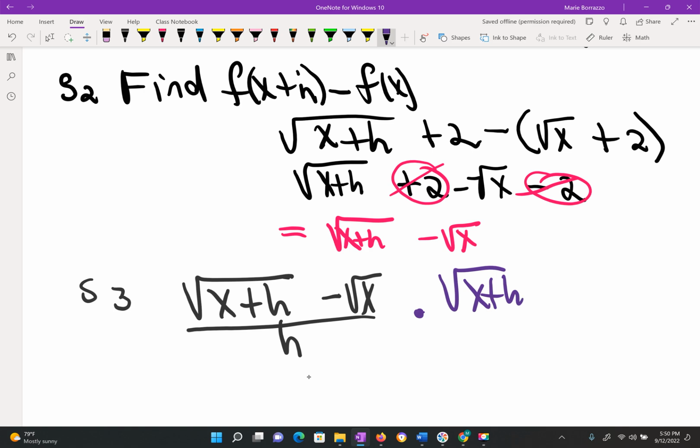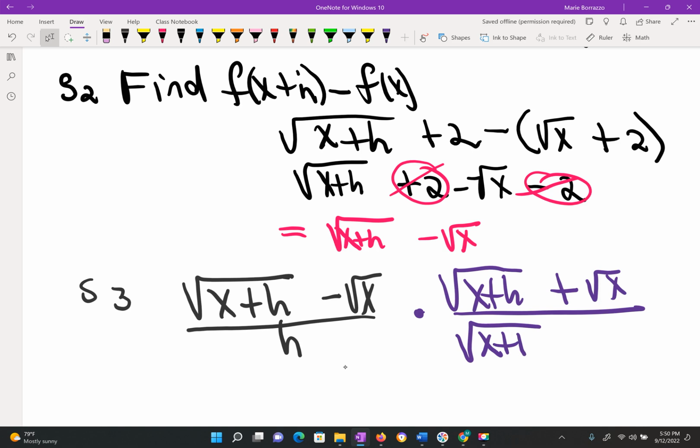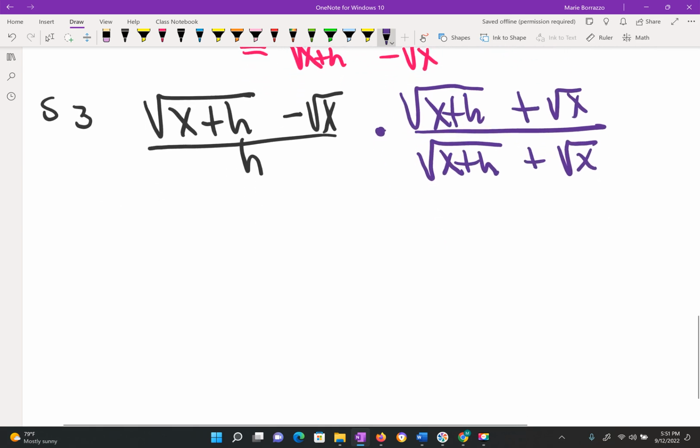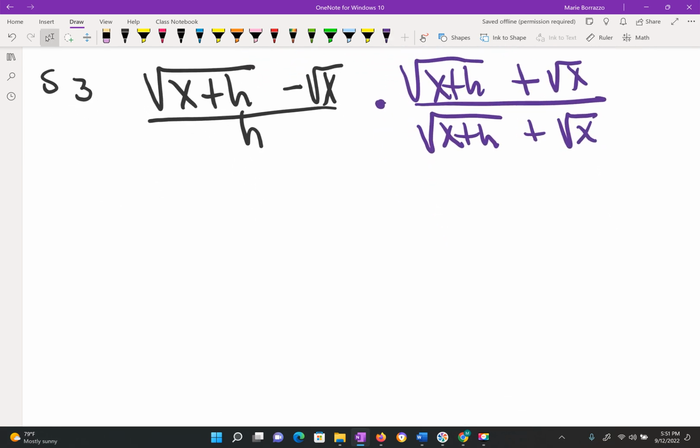So the square root of x plus h plus the square root of x, top and bottom. This might be a slight nightmare. So that's the first step. Just remind yourself, multiply by the conjugate of the numerator. No crying in calculus. All right, so we're here.